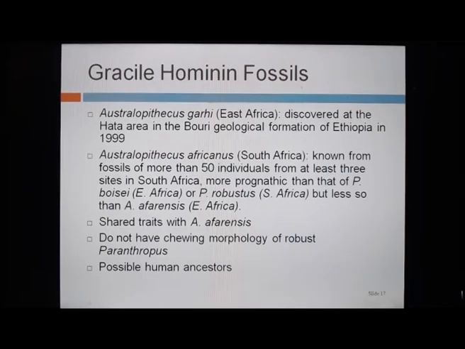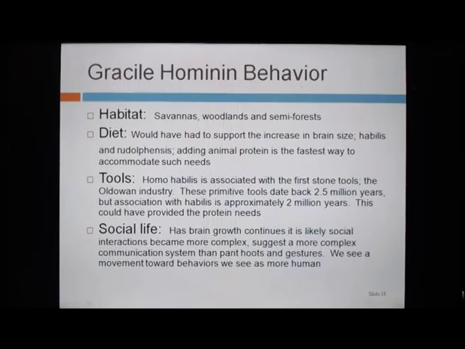They tell individuals apart by having 2 left humeruses or anything like that. Shared traits with Australopithecus afarensis. They do not have chewing morphology like robust Paranthropus. No gracile hominid does. And again, because of the gracile shape, possible human ancestors.